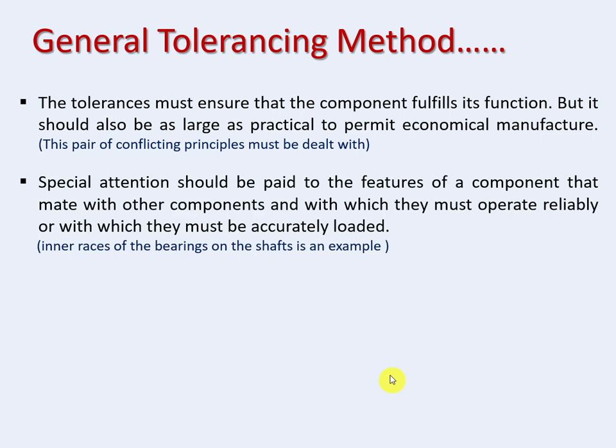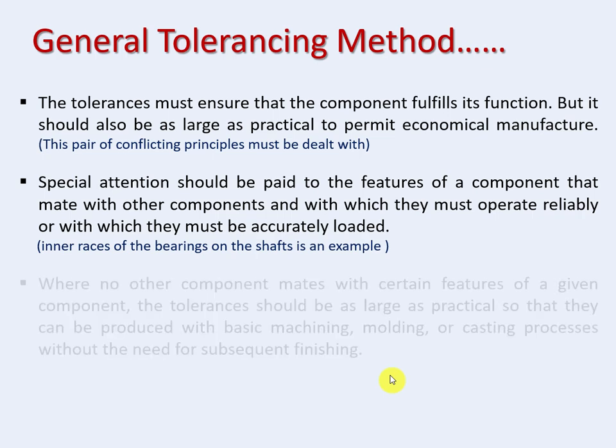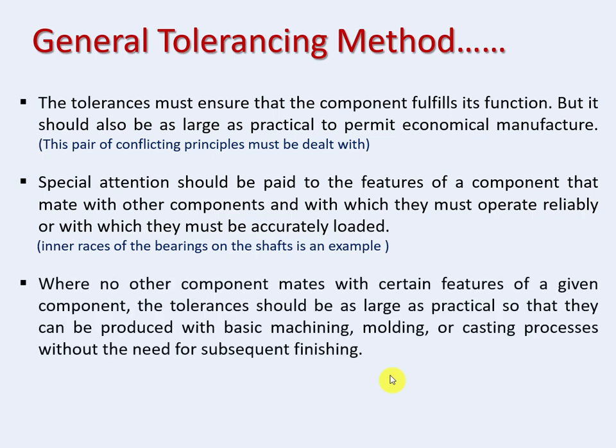Special attention should be paid to the features of a component that mate with other components when you have an assembly. Where no other components mate with a certain feature of a given component, the tolerance should be as large as practical so that the manufacturer can produce it with basic machining or molding. And you know that basic machining and molding do not cost like precise processes.